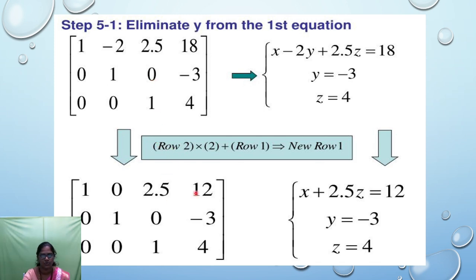In R1 we already have 0, 0, 1, 4. In the second row we have 0, 1, 0, minus 3. Okay. In the first row, what are we going to do? We need to change these two elements, right? So changing this element first to 0, using which row? Using row 2. Using R2, multiplying with 2, then adding here. So we get 0 here.